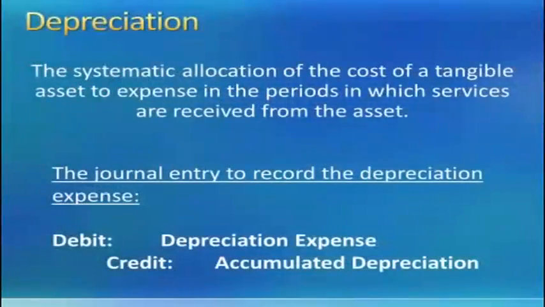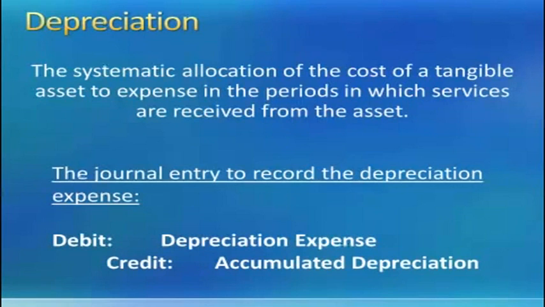Depreciation is the systematic allocation of the cost of a tangible asset to expense in the periods in which services are received from the asset. The effect of this journal entry is to decrease assets and increase expense, because as we use an asset, we're decreasing its expected future economic benefit.